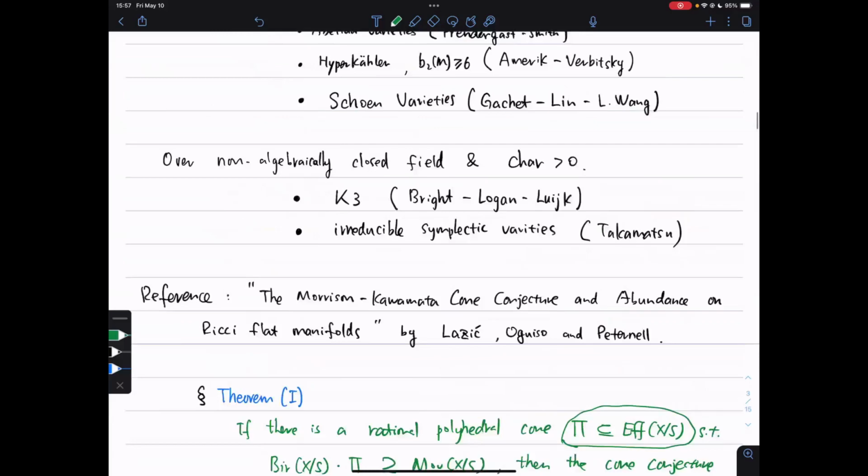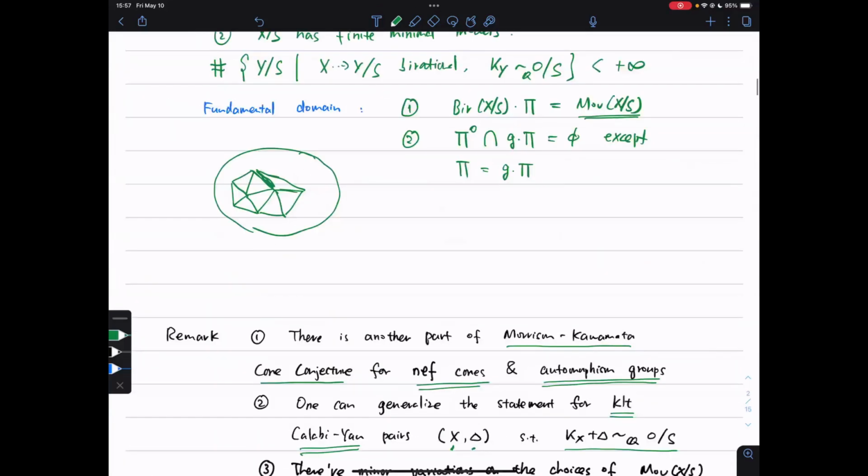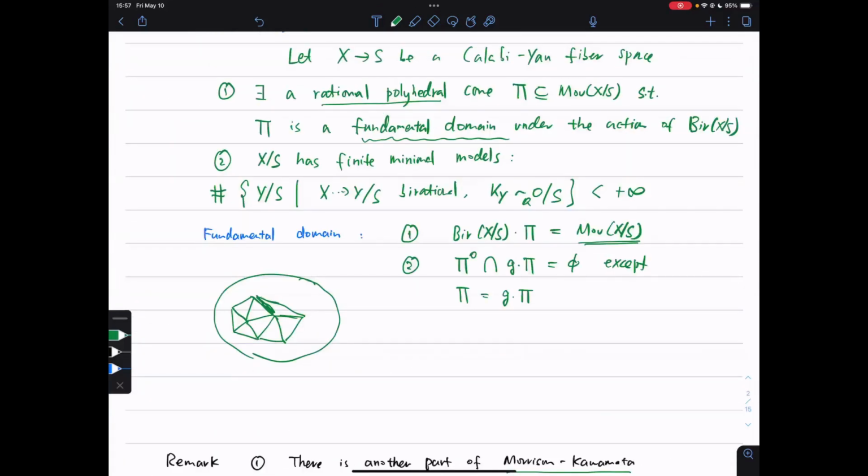I cheat a little bit here on the fundamental domain. You see, I mentioned that the fundamental domain is here, but some people also require the following: if they are the same, then G has to be the identity.